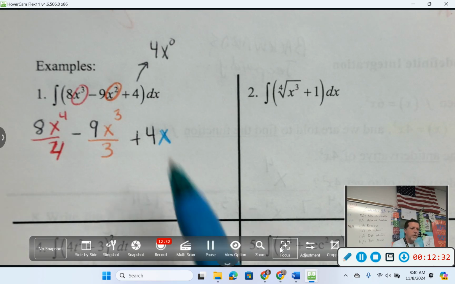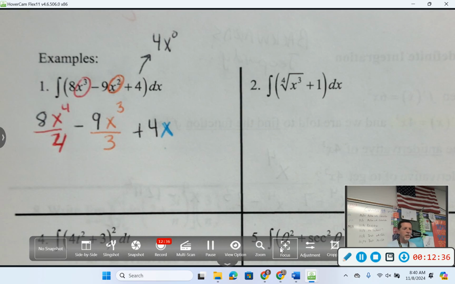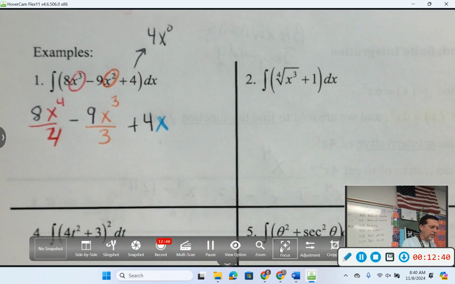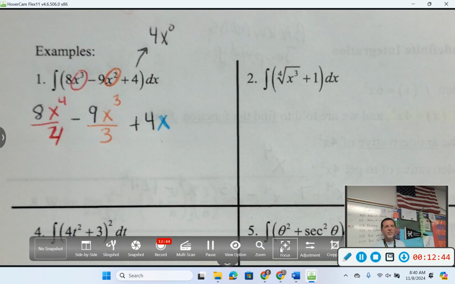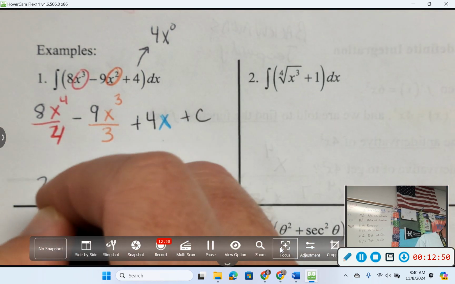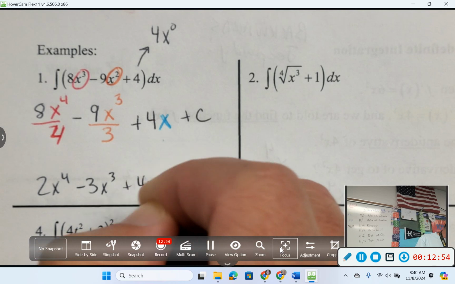So you increase the power by 1 and divide by the new power. But most of the people realize the antiderivative of a constant is that constant times x. Oh, that's not quite finished yet. Plus c. That's a safe stop, but of course the multiple choice is going to finish reducing those pieces.